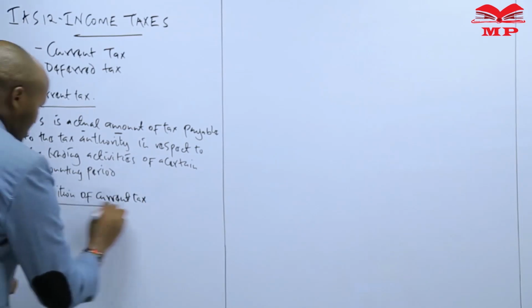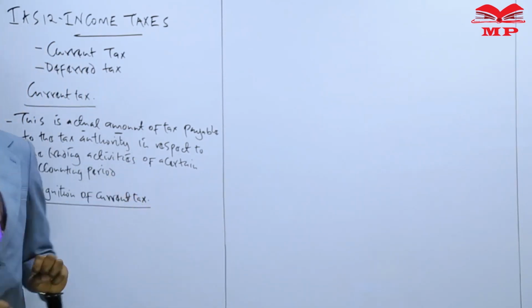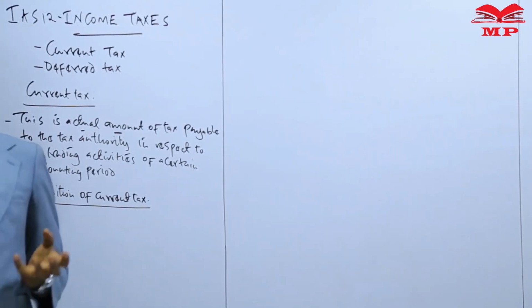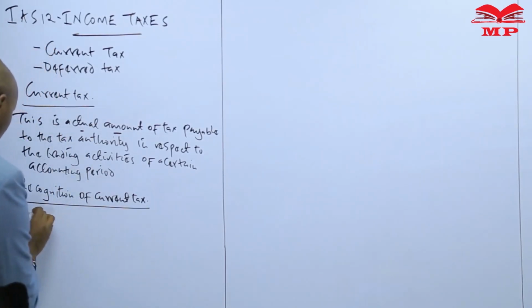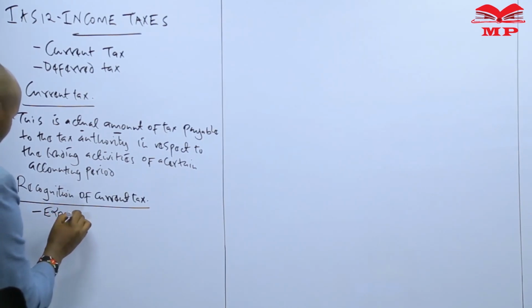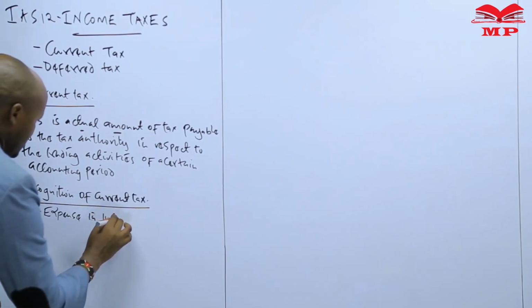Now, this tax which a company is supposed to pay in a certain accounting period, according to IAS 12, should be accounted for as an expense. So the amount of current tax will be accounted for as an expense in the income statement.